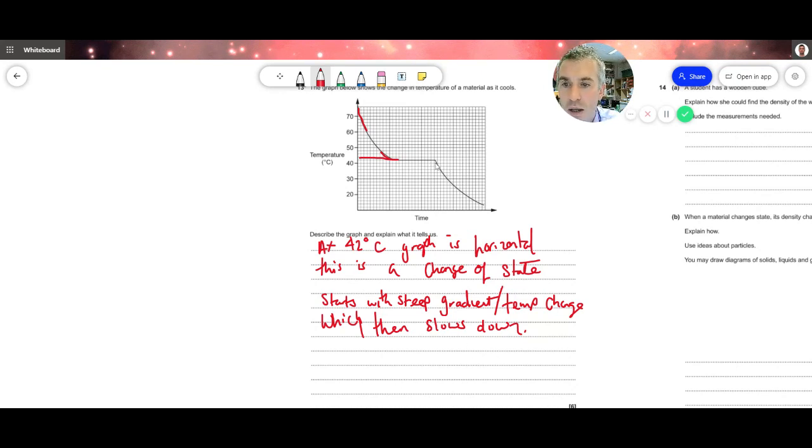And we notice here it's pretty gentle change, gentle slope after the change of state.